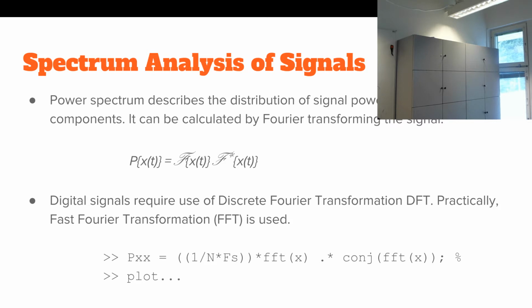Meaning, the normal discrete Fourier transformation takes in the order of the squared number of the samples, so n to the power of 2 calculations, to do the complete discrete Fourier transformation.